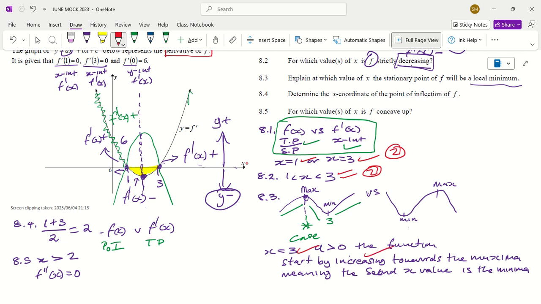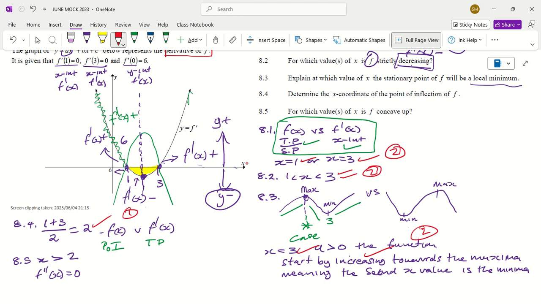Because a is positive and it starts by increasing towards the maximum, then the minimum. So the second x value is the minimum. Then we go to 8.4. 8.4, we needed the point of inflection 2, so you get 1 mark for that.